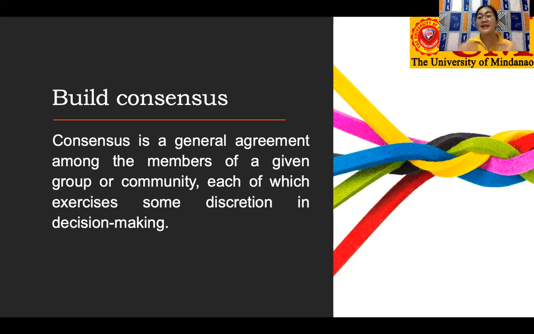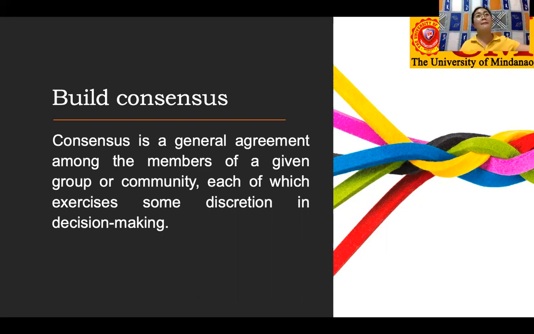Even when you write a research, even if you say, Ma'am, I am the only one who wrote this research, I am the only one who did this research. Please remember that even if you are the author of that research, you also collaborate. Why? Because you get information from your participants. You get information from your respondents. That is the data you gather from them.